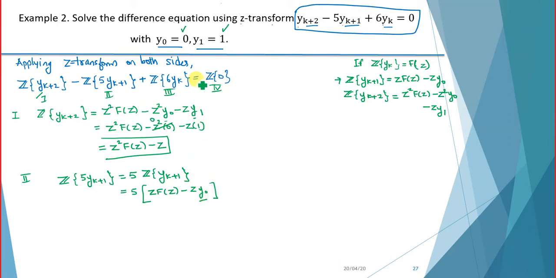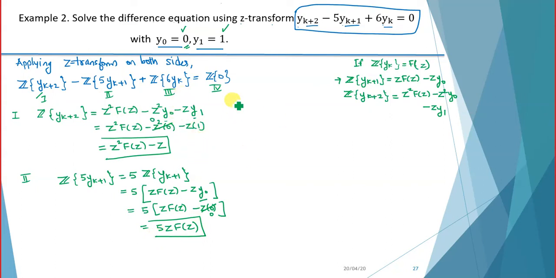The value of y0 from here again, 0. So this gives you 5 times zF(z) minus z times 0. So this cancels to 0. So this gives you 5zF(z).